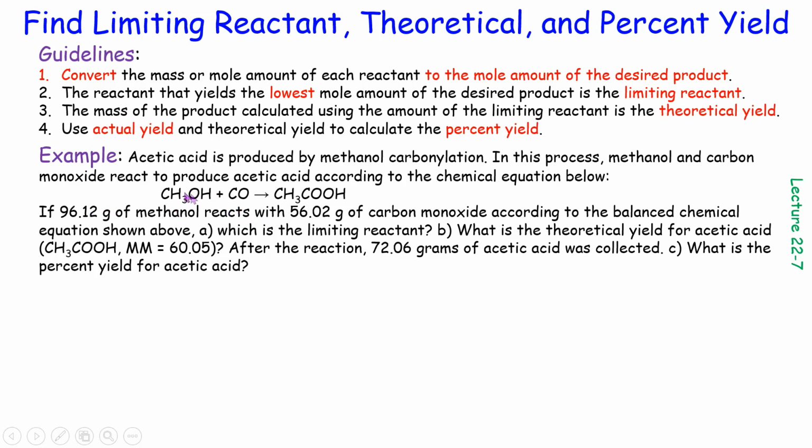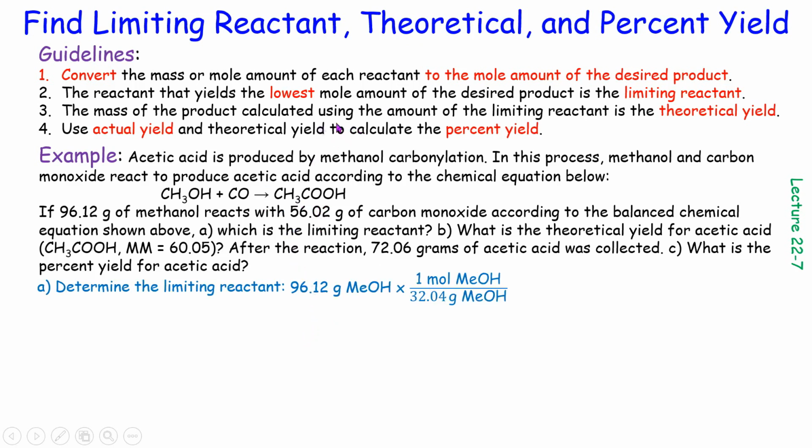You see the quantity of both reactants are given, but we want to convert the mass of those reactants to the moles of the desired product. Desired product in this reaction is acetic acid. So, and we have two reactants. So let's work on that.